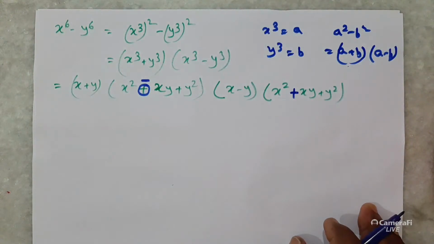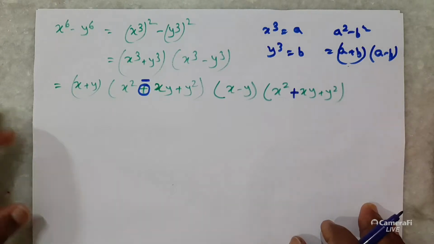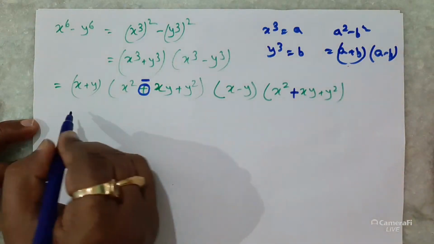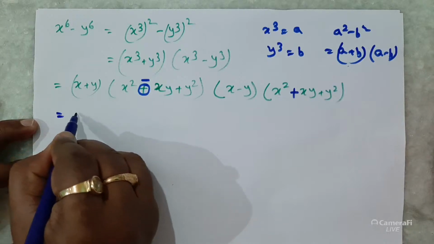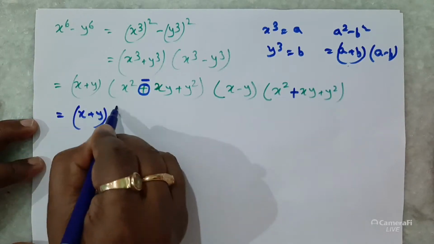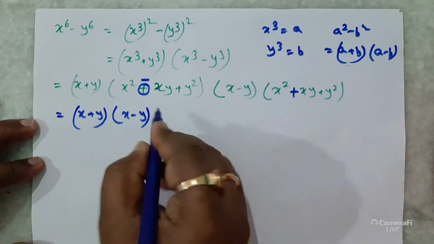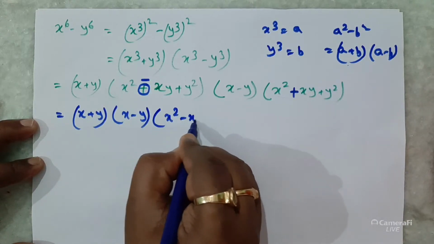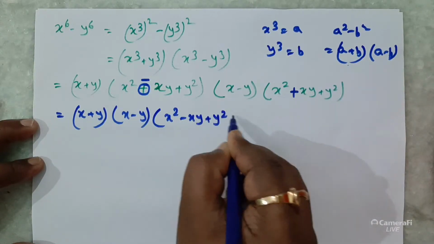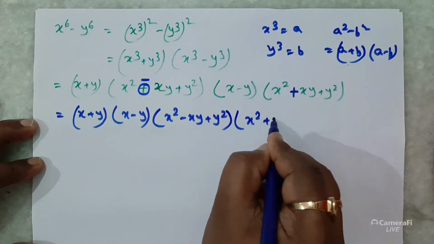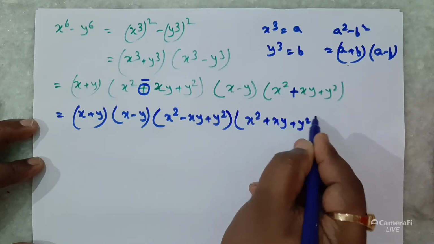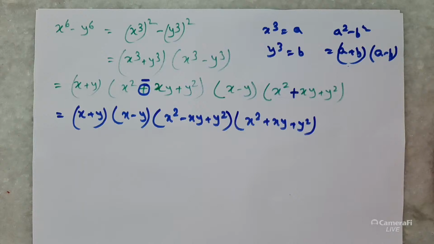Okay, this is the formula. Now remember this. Now we simply write and arrange: x plus y into x minus y into x square minus xy plus y square into x square plus xy plus y square. Okay, this is the solution.